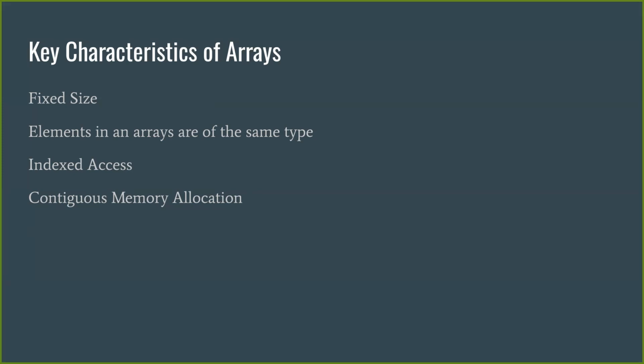Indexed access, what we mean by that is that each element in an array is associated with a numeric index, which means you will use that numeric index to access or modify the element. And indexing typically starts at 0.